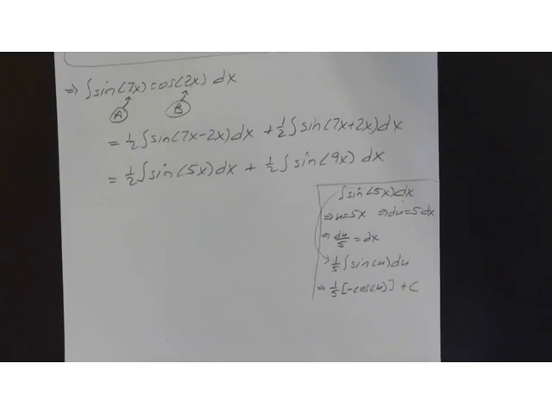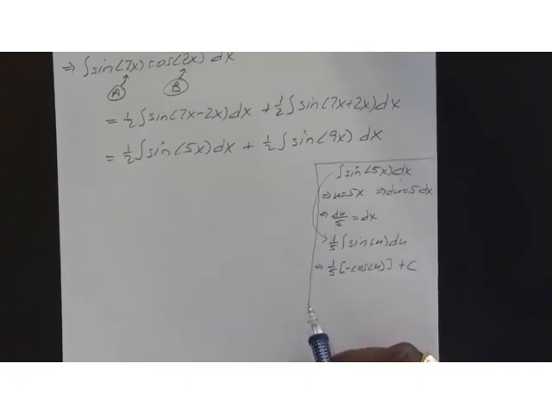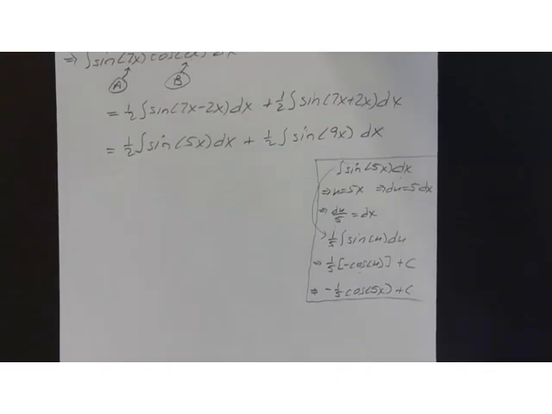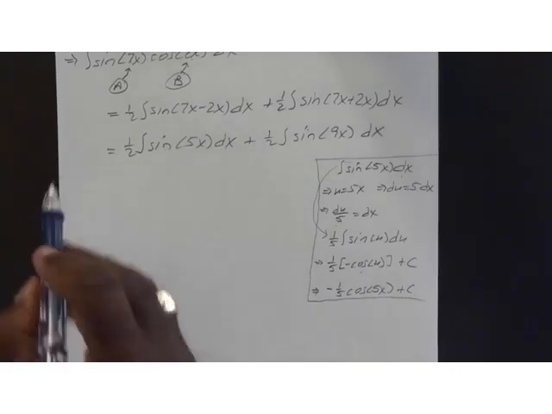And once we replace our u, that ends up being negative 1/5 times cosine of 5x plus c. Okay.